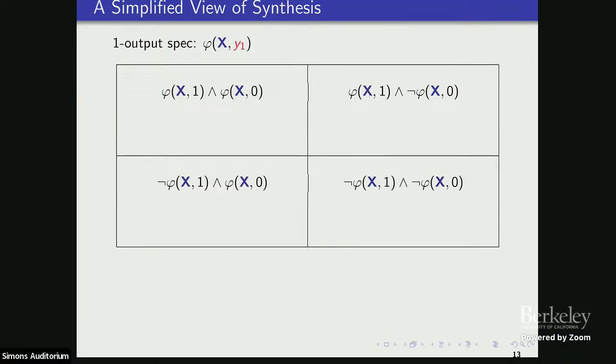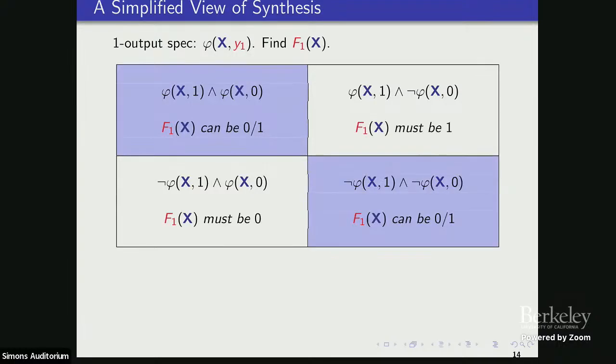And once I do this division, I guess it's not hard to see that in this quadrant, every Skolem function must evaluate to true, because if I put 0 here, the specification is falsified. And similarly, in this quadrant, every Skolem function must evaluate to 0, because if I put 1 here, the specification is falsified.